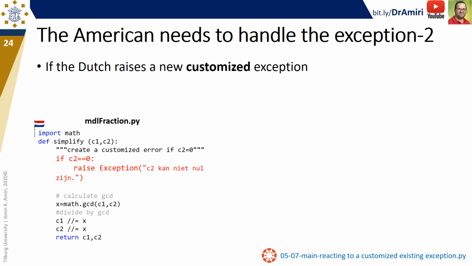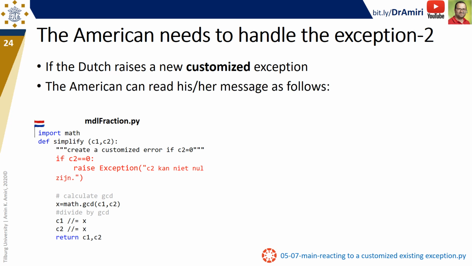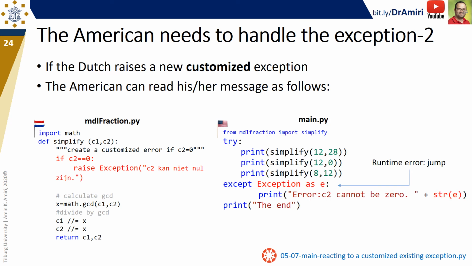However, if the Dutch programmer raises a new customized exception, as you can see here, the American can read his or her message as follows. So in main.py, again, try except is used, but this time you need to use Exception, because you don't have an exception that is already defined in Python.